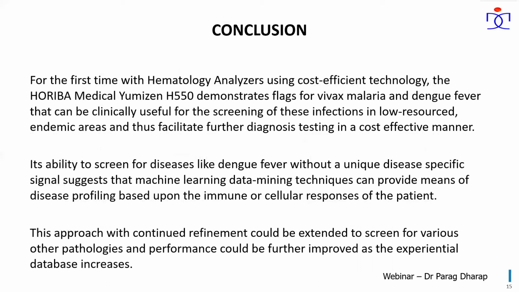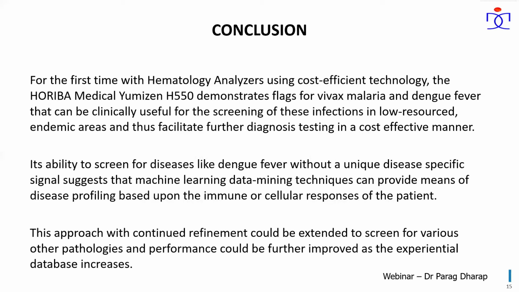So to conclude, for the first time with hematology analyzers using cost-efficient, affordable technology, the HORIBA Medical Yumizen H550 demonstrates flags for Vivax malaria and dengue fever that can be clinically useful for the screening of these infections in low-resource endemic areas and thus facilitate further diagnostic testing in a cost-effective manner.